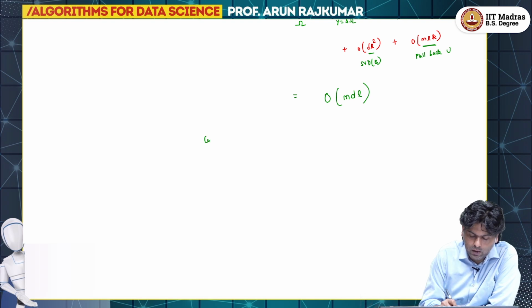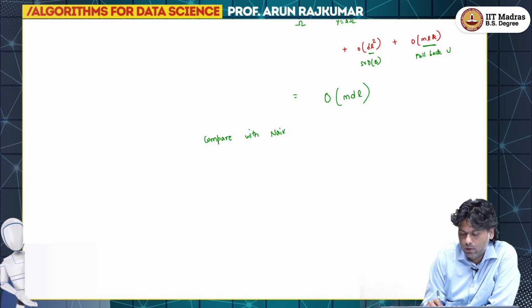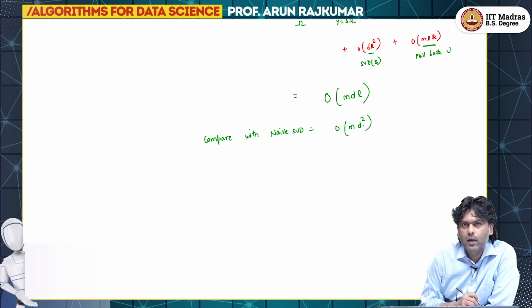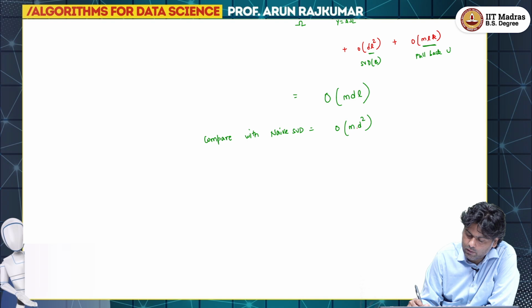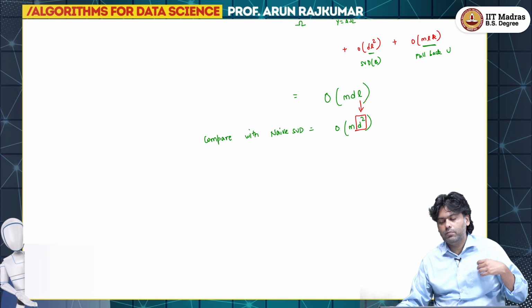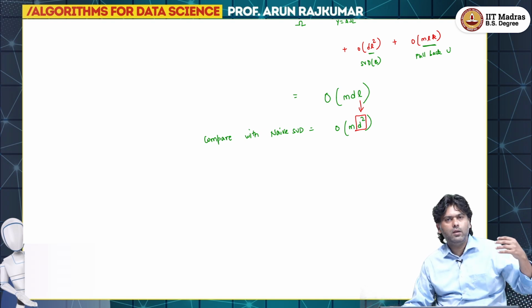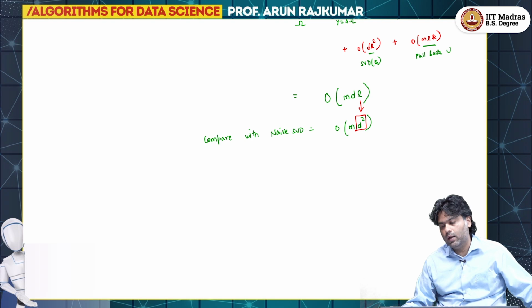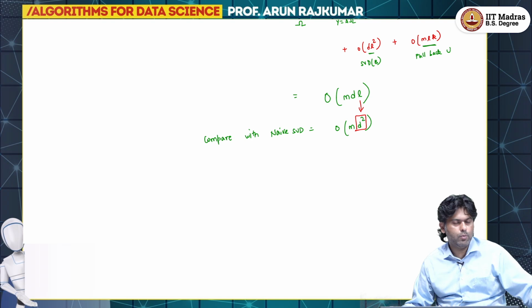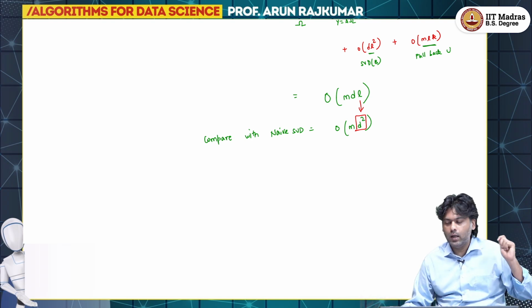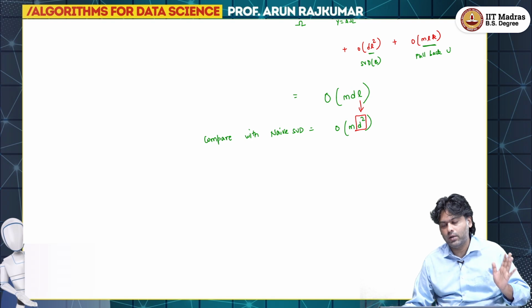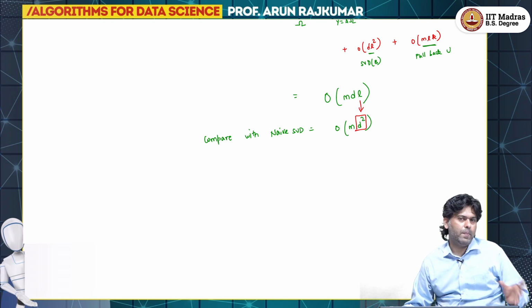Now compare this with naive SVD. Remember, naive SVD took md squared, and that's precisely the gain that we are getting, right? If m is in millions, d is in another million, but L is just 100, now we have reduced the computational complexity by a factor of d, and because you can treat L roughly as a constant, that's a huge saving in practice, right?